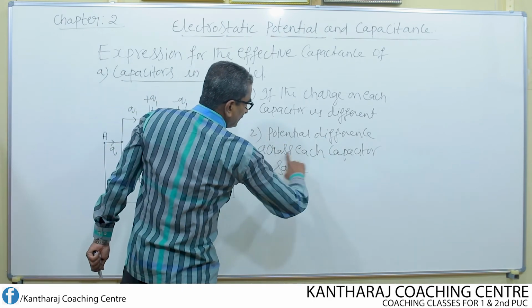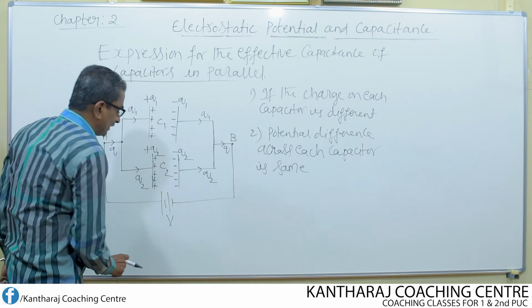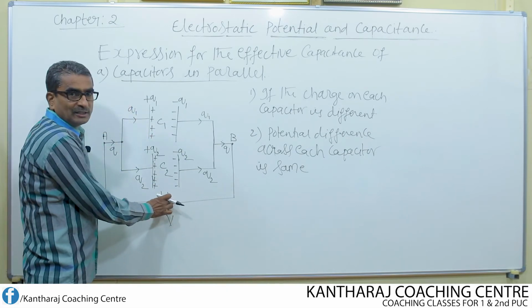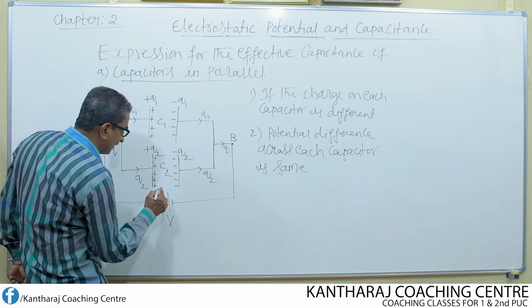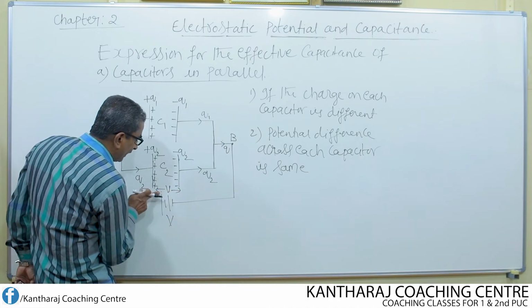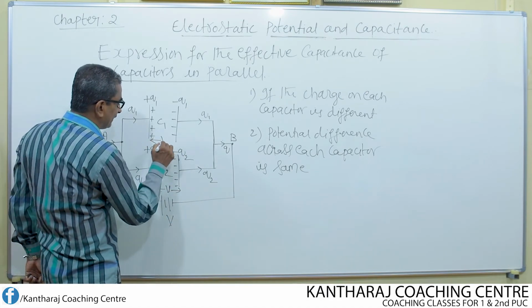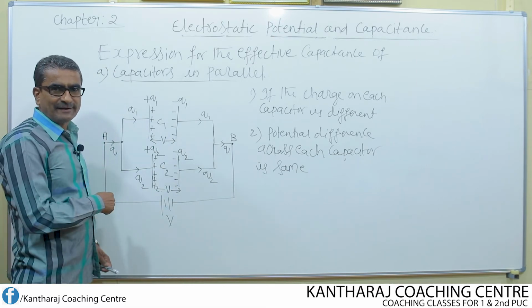Whereas potential difference across each capacitor is same. Suppose if V is the potential difference between the two terminals of a battery, then the same potential exists across this capacitor, that means V, and also across this capacitor, which is equal to V. Understand?